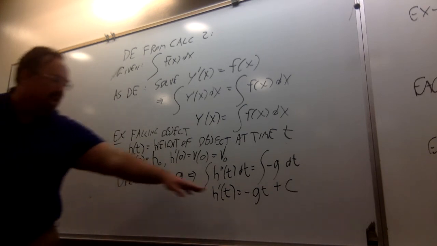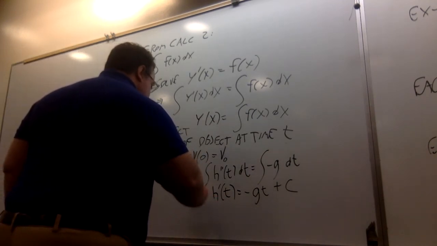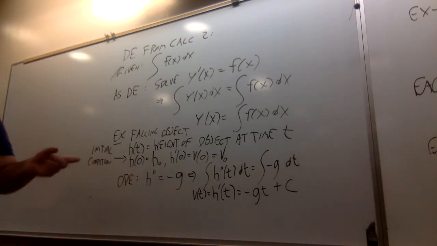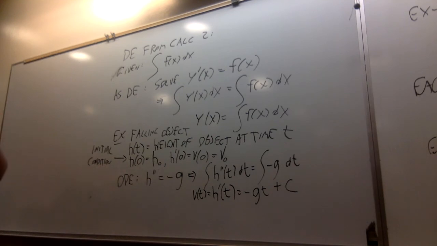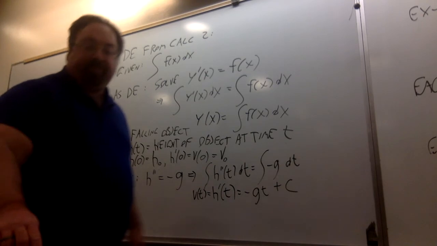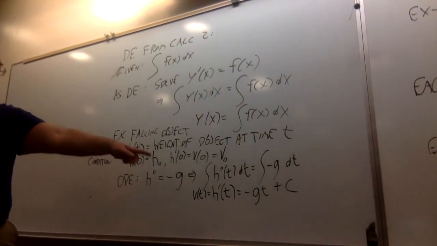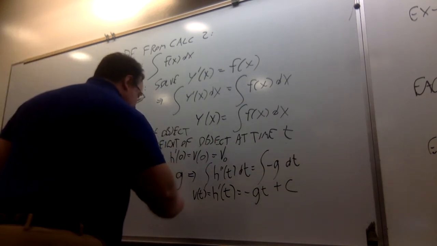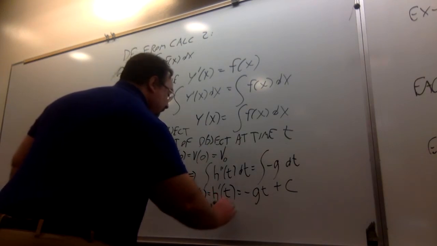Because right now, this is a velocity, so I can call this v of t. But it's not specified uniquely because this will satisfy the DE for any value of c. But now I need to take into account this condition right here. So in order to do that, I will set t equals 0 on both sides. So v of 0, which is the same as h prime of 0.